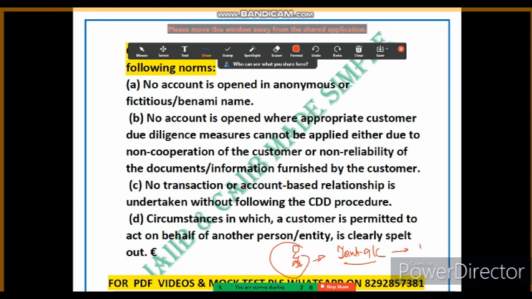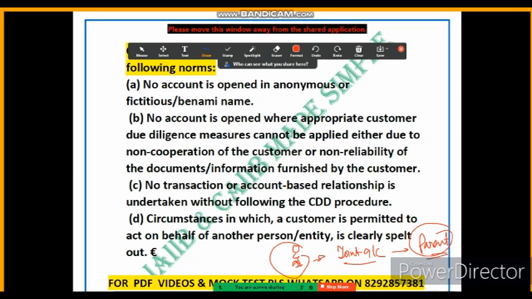Suppose he has an elderly parent and wants to make decisions on behalf of this parent. The customer acceptance policy should specify the conditions and procedures for allowing such representation, ensuring that it is done within the defined circumstances and legal boundaries.